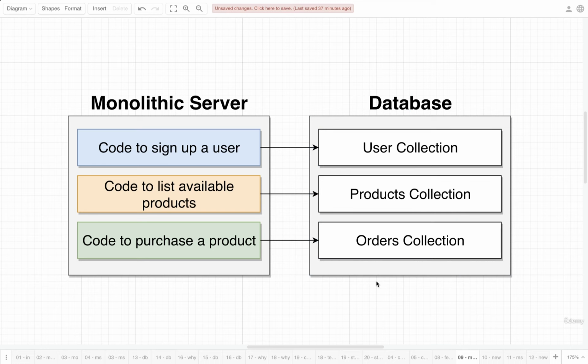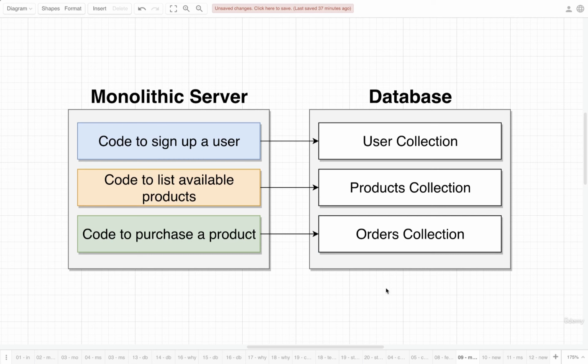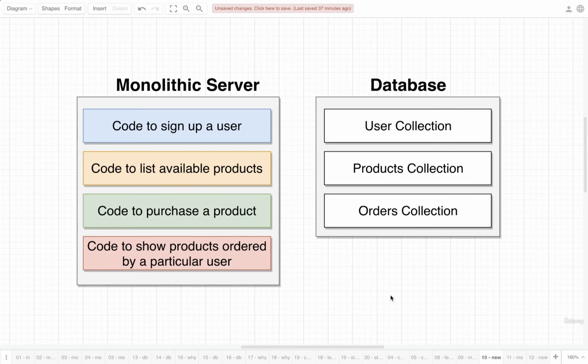Let's now add a new feature to our monolith. Let's say that we want to show all of the products ordered by a very particular user. How would we implement that? Well, if you really think about it, we need information from all of these different collections or tables. First, we might look at the user collection and make sure that the particular user we're trying to look up information for exists.